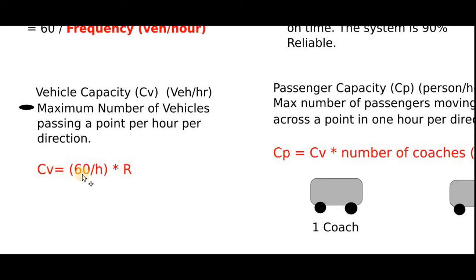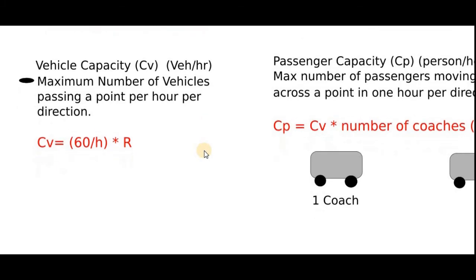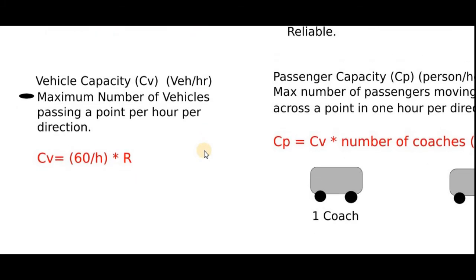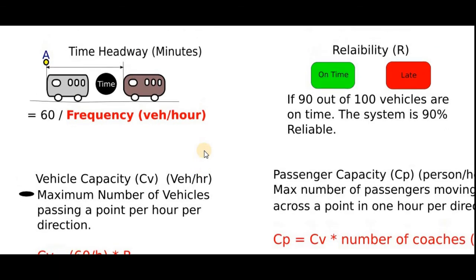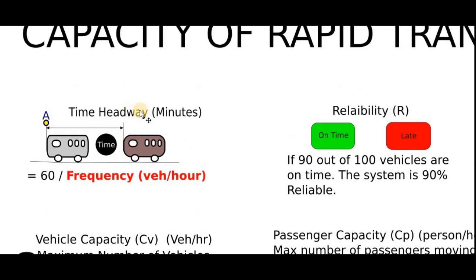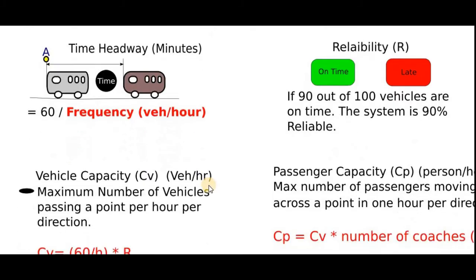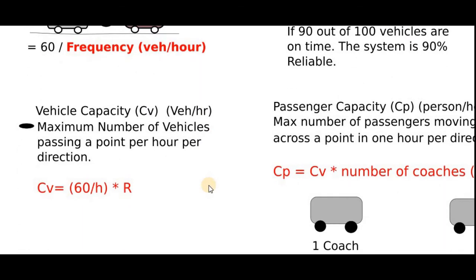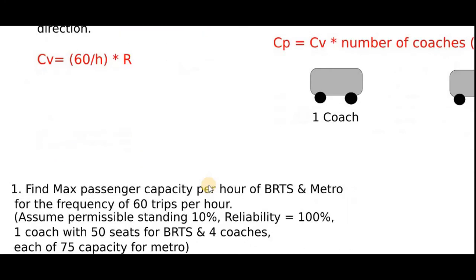I had told you earlier that time headway H is 60 divided by frequency, so frequency is equal to 60 divided by time headway. Simple cross multiplication. So my Cv becomes, instead of 60 divided by H, I can directly write frequency into R.